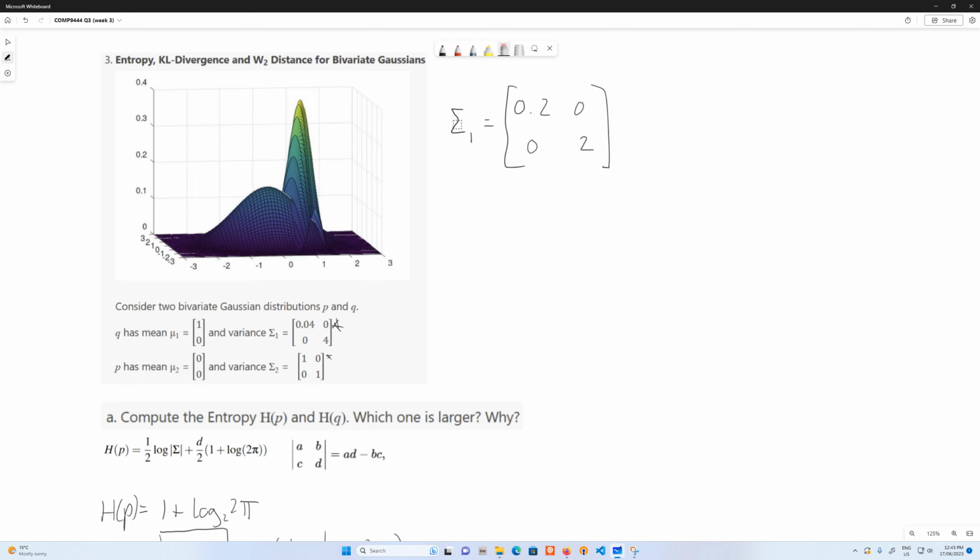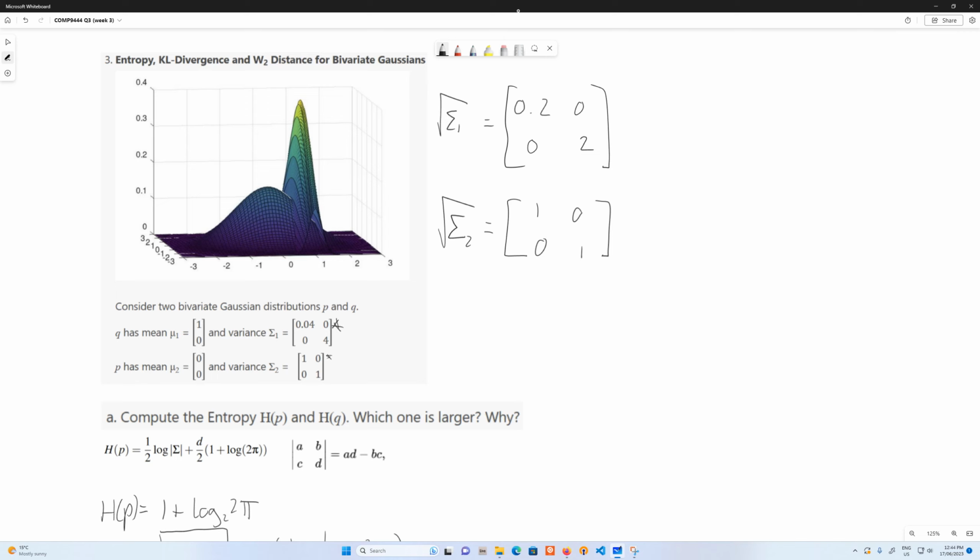And obviously for the other one, taking the positive roots, 1 and 1.